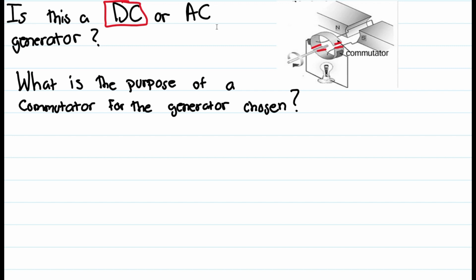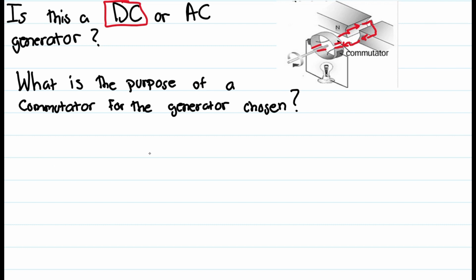Now here's another question. What is the purpose of the commutator for the generator you chose above? So remember that the purpose of a split ring in a DC generator is to allow current to flow in one direction. Let's say current is flowing through this direction in this coil, so it will flow in that direction, and this is because of this split ring.